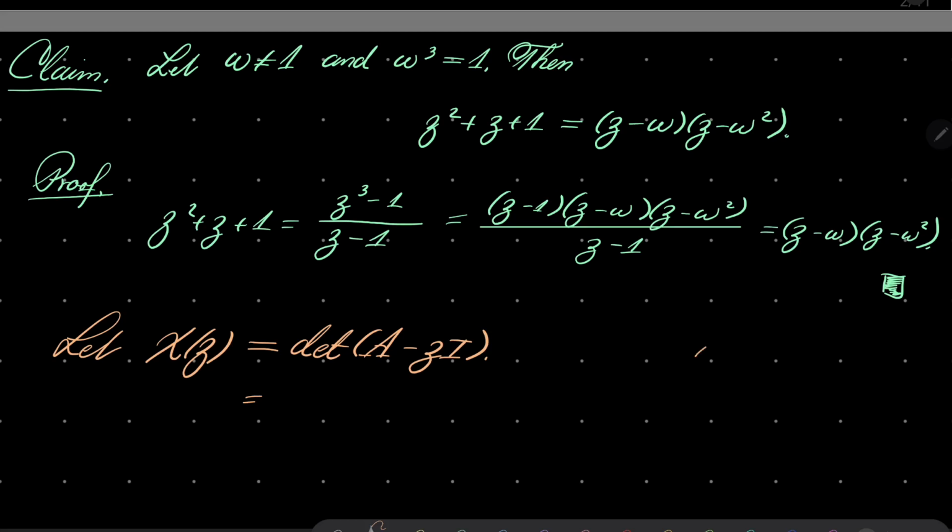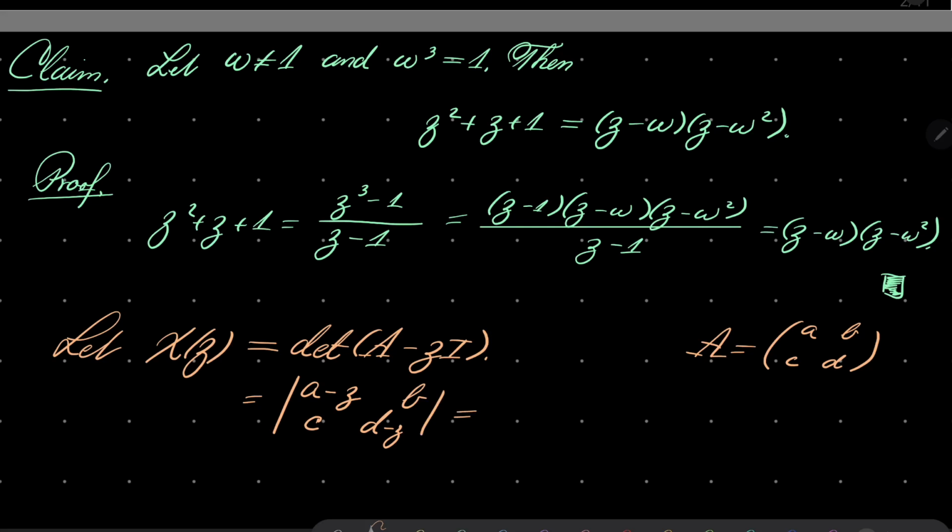Let's write that A is the matrix (a, b; c, d). Then this determinant is the determinant of (a minus z, b; c, d minus z), which can be written as (a minus z)(d minus z) minus bc.